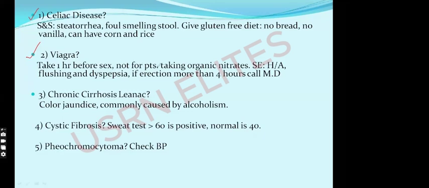When we talk about sildenafil, what is it commonly used for? We know that it is used to treat people with erectile dysfunction. The class that it falls in is phosphodiesterase inhibitor. Forgive me about the pronunciation, the word is too big to pronounce.